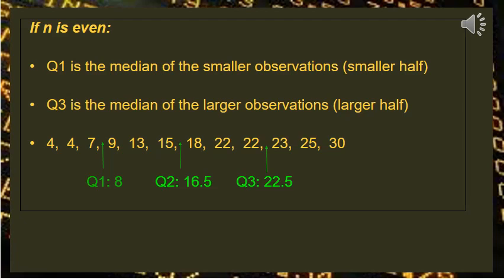It's the exact midpoint of the bigger half of my observations between 18 and 30. So here it is 22.5, right in the middle. Remember, Q1 is the median of the smaller half, and Q3 would be the median of the larger half, the larger observations.